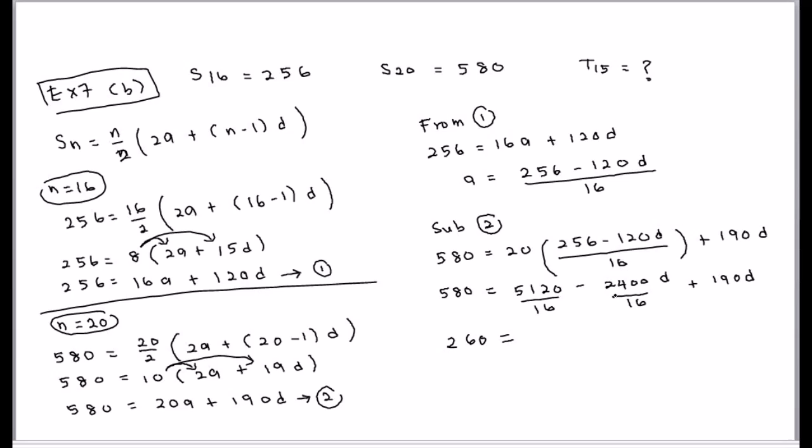And then negative 2400 over 16 plus 190, we get 40. To find d equals 260 over 40. So d equals 6.5, or we can write it down in fraction, which is 13 over 2.